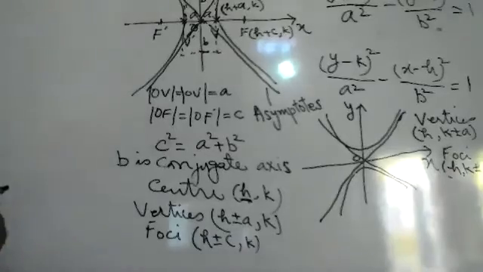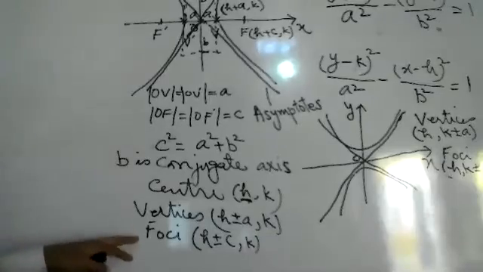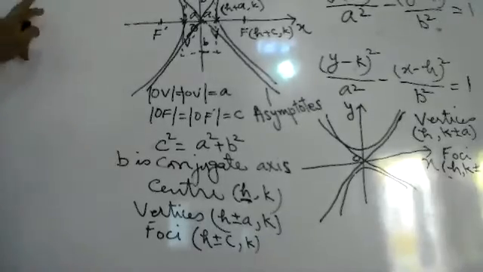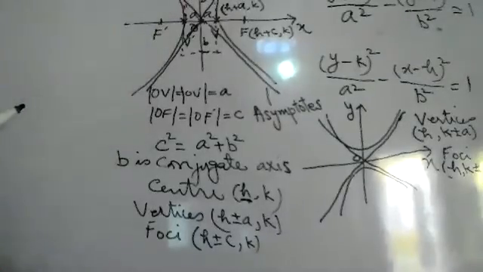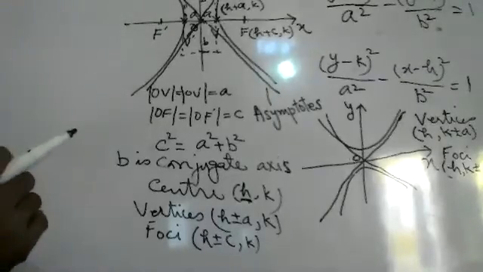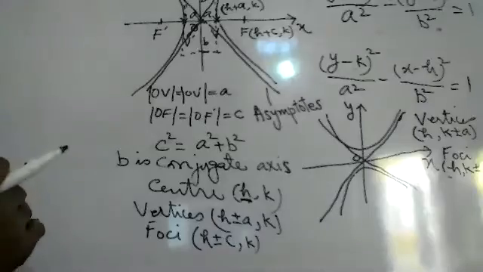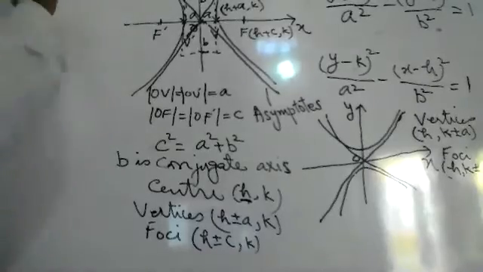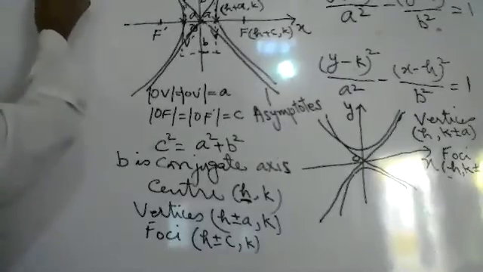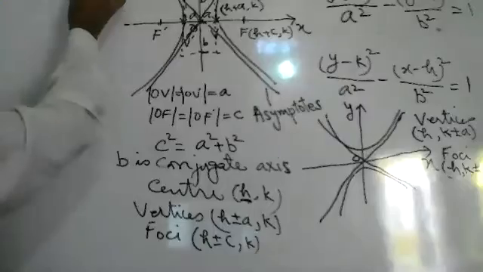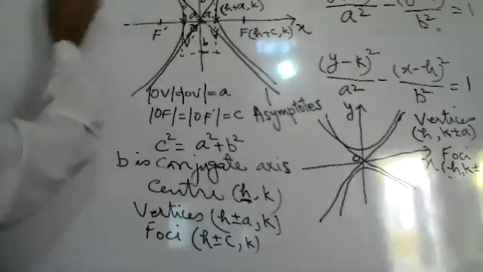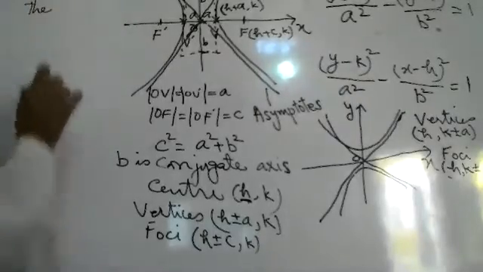These three things, and the fourth is sketching. When the equation is given, we will find the vertices, foci, equation of the asymptotes, and the sketching. These things are required, though not necessarily all at the same time.